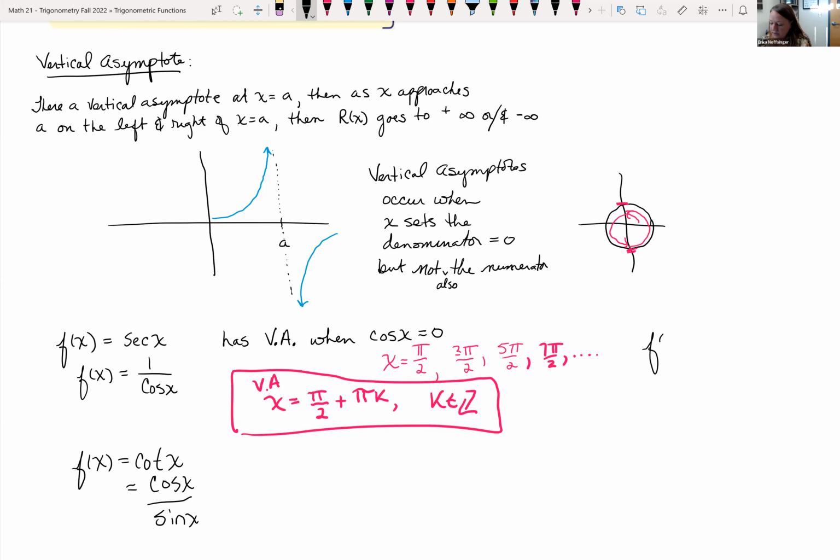So let's look at the other one, tangent of x. That's the one I wanted, where cosine of x was in the denominator. So tangent of x, then we'll go to cotangent. Tangent of x is sine of x over cosine of x. So it also has vertical asymptotes at pi halves plus pi k, where k is an integer.